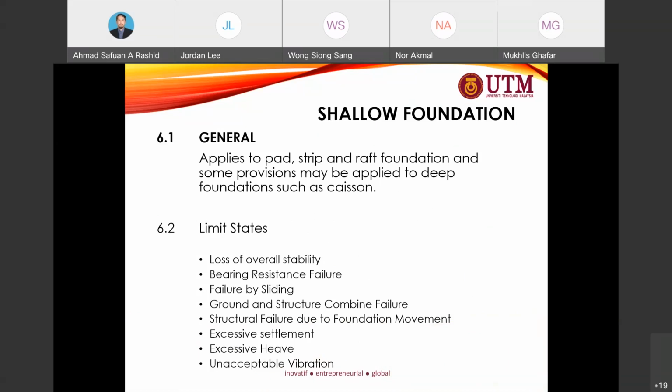So under limit state, there are some conditions we may look at for shallow foundations: loss of overall stability, bearing resistance failure, failure by sliding, ground and structure combined failure, structural failure due to foundation movement, excessive settlement, excessive heave, and unacceptable vibrations.